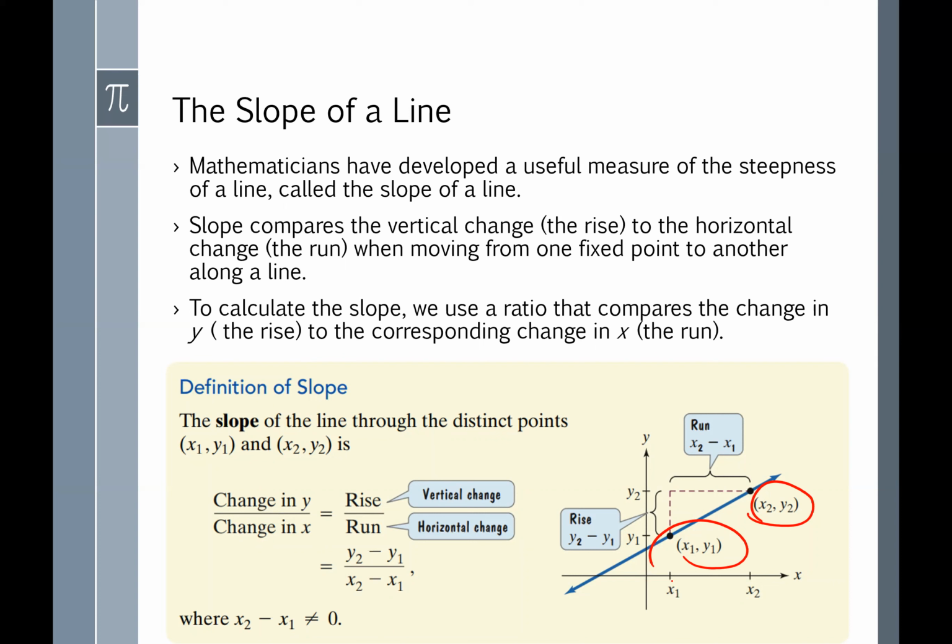To find the slope, I find the change in Y over the change in X, or the rise over the run. So I take the Y coordinates and I subtract them, Y sub 2 minus Y sub 1. And I take the X coordinates and I subtract them, X sub 2 minus X sub 1. And that ratio of the change in Y over the change in X is the slope.